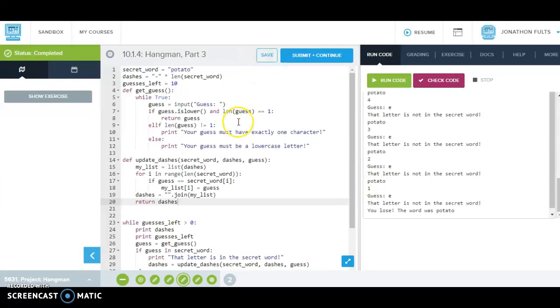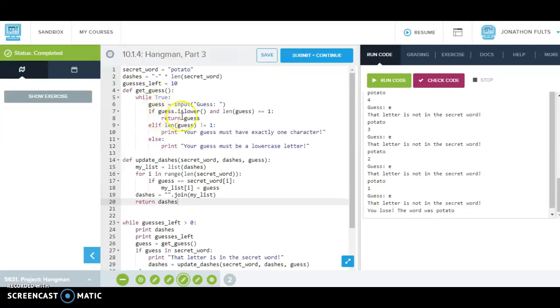But yeah, so then up here, this is just defining secret word as potato, and then you're defining guesses left as 10, and then over here is defining get guess, and then this is a nested while loop.